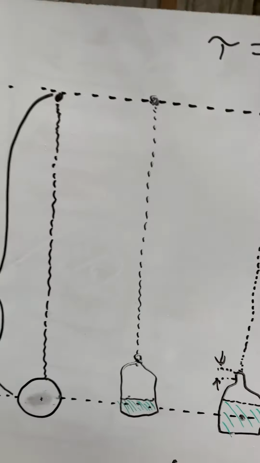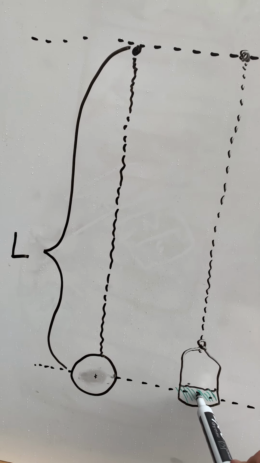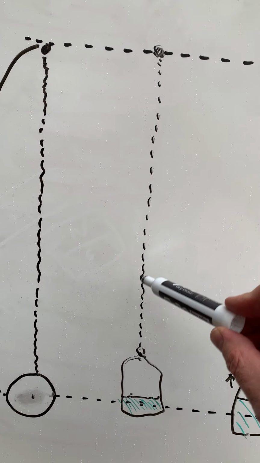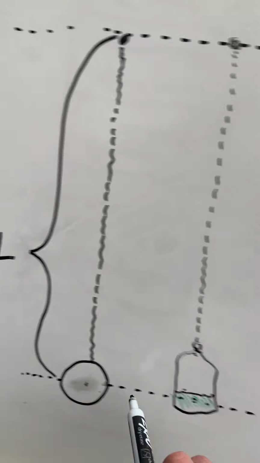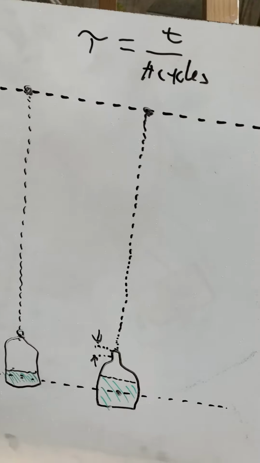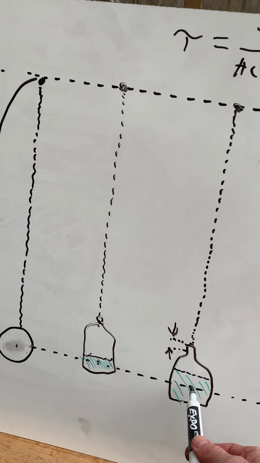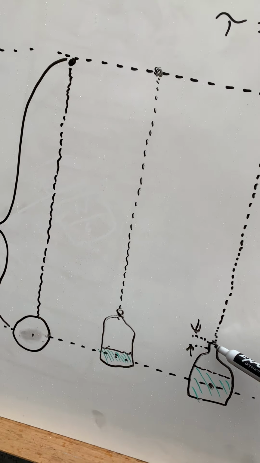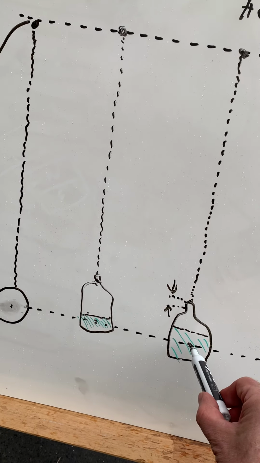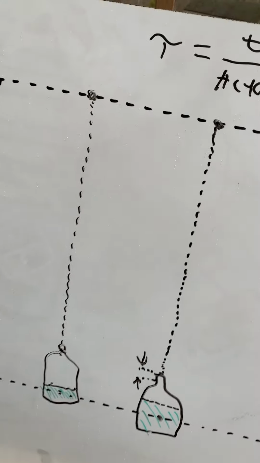And if we had a bottle of water with this much water in it, with the center of mass being about right here, we would need a length of chain or string about that long to keep that at the same L. So these two have the same length L. Now, if we fill that bottle of water a little bit more, that's going to change the center of gravity. And so we would need a slightly longer chain to lower that a bit in order to keep the center of gravity at the same distance L from the pivot point.